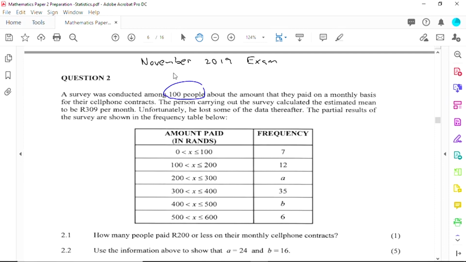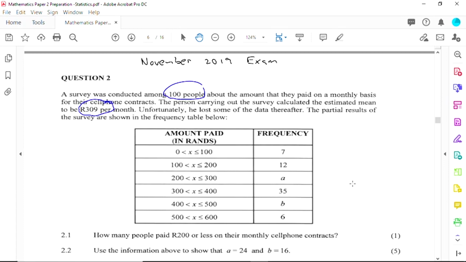So we have the mean, which is 309 per month. Unfortunately, he lost some of the data thereafter. The partial results of the survey are shown in the frequency table. So here we have partial results with some missing data.